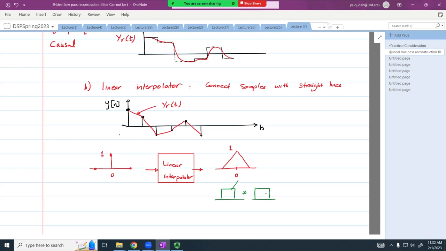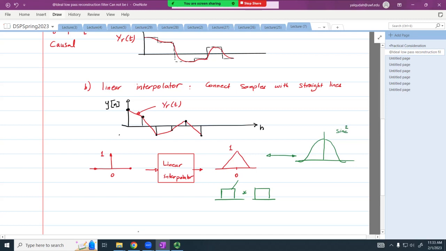Sinc squared. Exactly. So if I look at this in the frequency domain, it looks like a sinc squared.